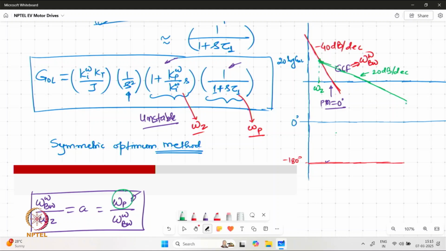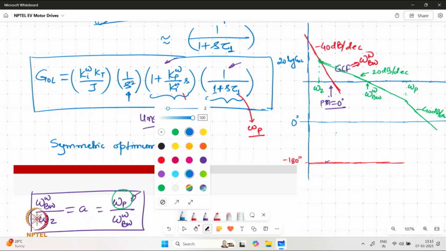And then the moment it encounters the pole location, it will return back to the slope of minus 40 dB per decade. Now the impact of this change is going to be seen on the phase plot of the system.